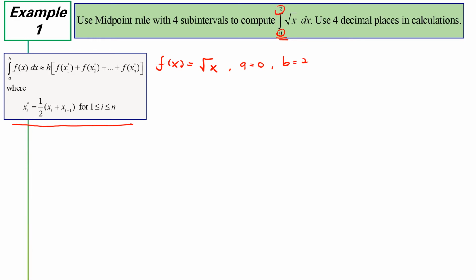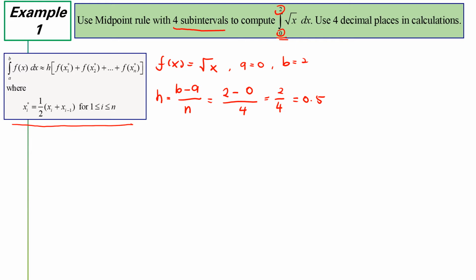Next you have to determine h. h is equal to (b minus a) divided by n. So for this question, b is 2 minus a is 0, divided by n. n is the number of subintervals, which for this question is 4. So 2 minus 0 equals 2, divided by 4, you get 0.5.